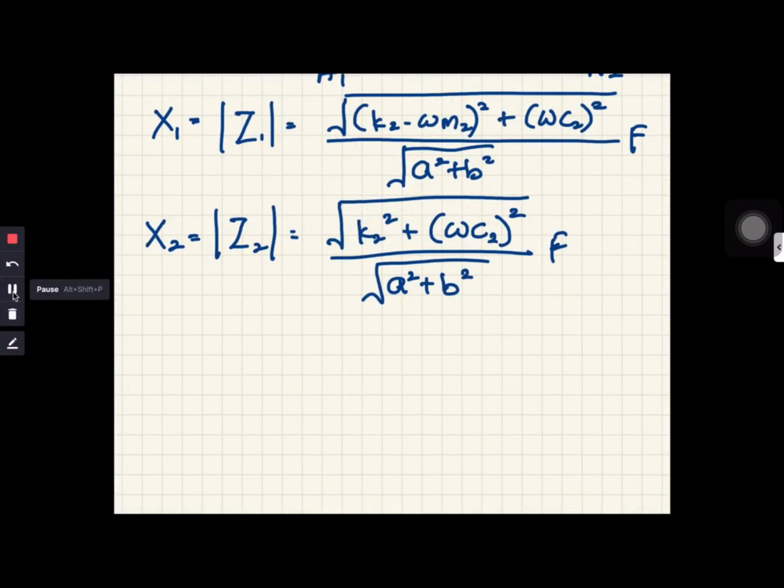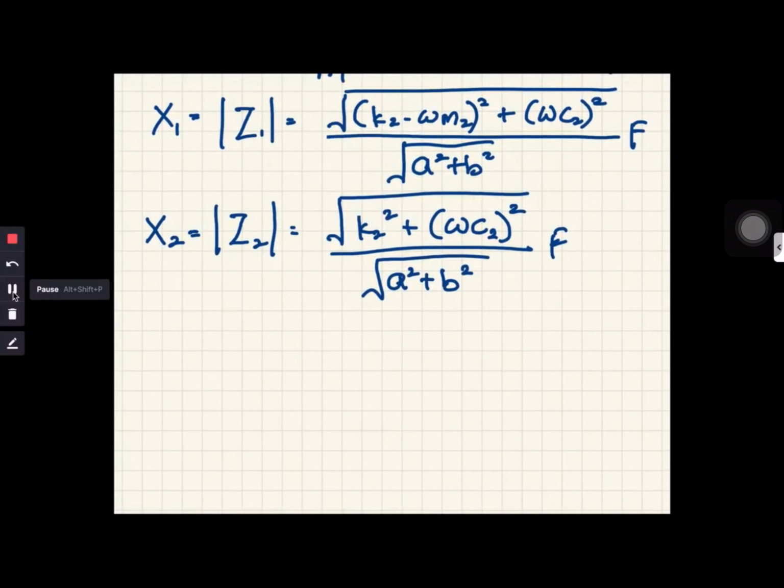So again, we can write it with phi 1 and phi 2 by substituting B1 and A1 as well as B2 and A2.